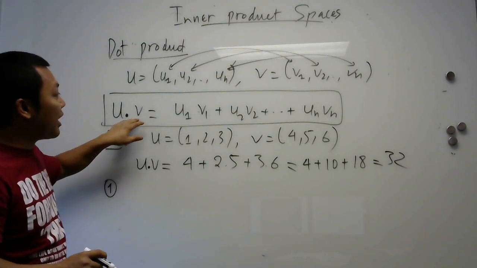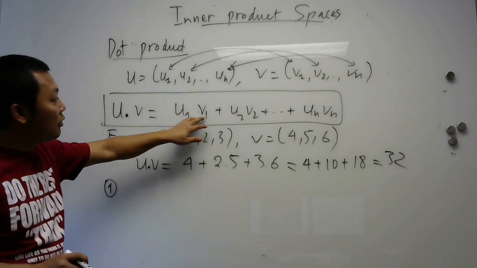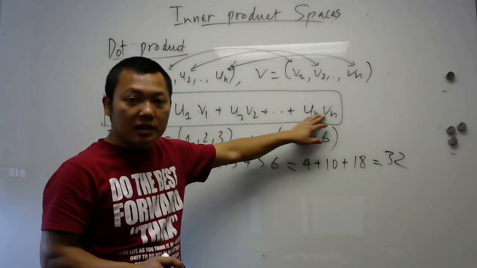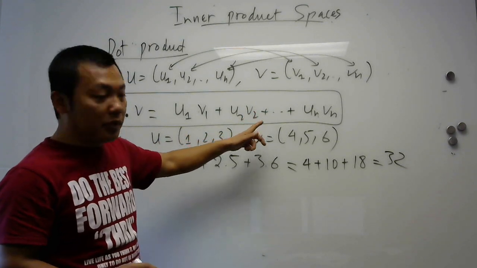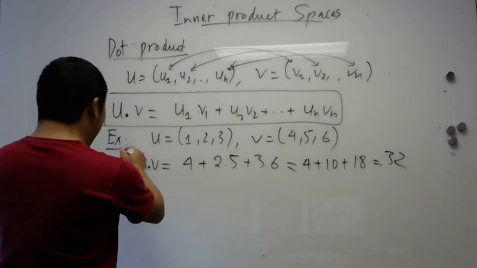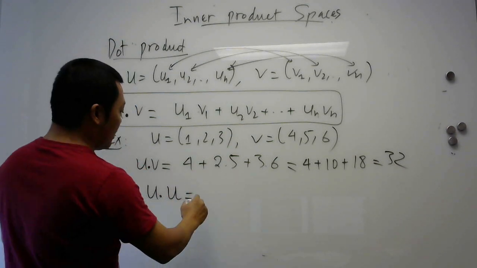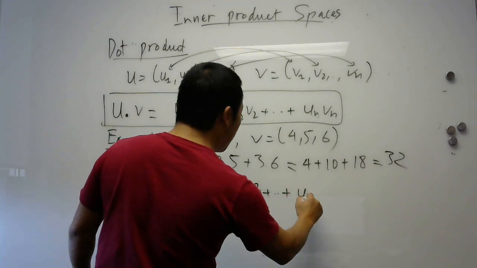So if u and v are the same, here you have u1 square, u2 square, and so on, un square. Basically, you just go back to the formula of the distance. If you take the dot product of u and u, you have u1 square plus u2 square plus so on plus un square.